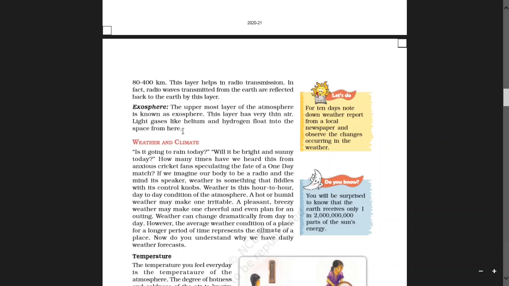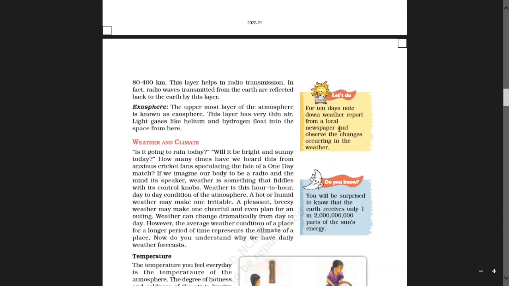Now let us see, boys, the right margin, have a look again. For 10 days, note down the weather report from a local newspaper and observe the changes occurring in the weather. I think in most of your houses, your parents collect the newspaper, and the weather report is mentioned there every day.